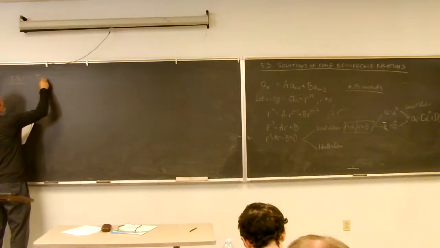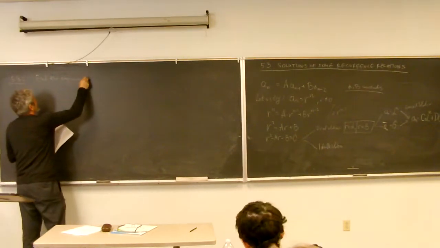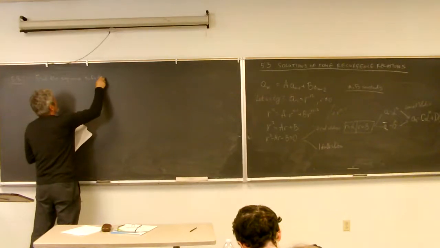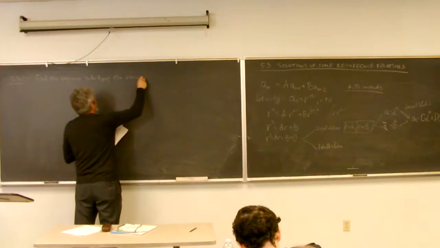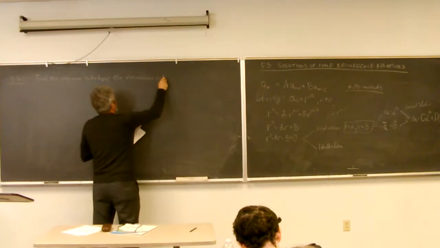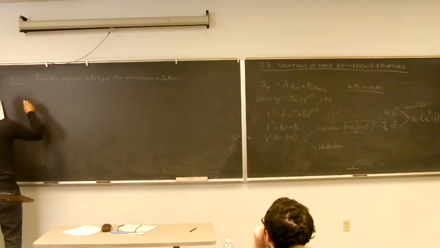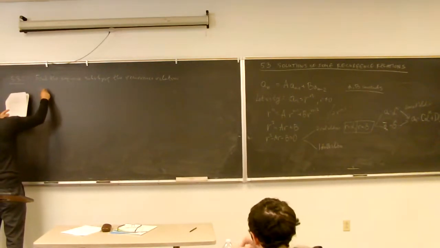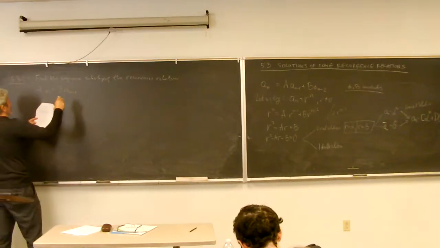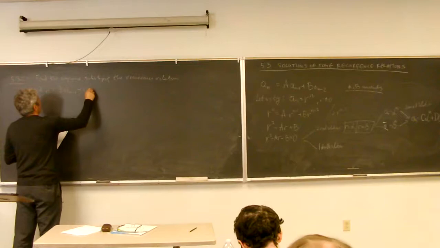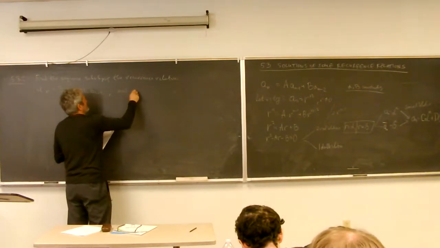Find the sequence satisfying the recurrence relation an equals 3an minus 1 plus 10an minus 2, and initial conditions.